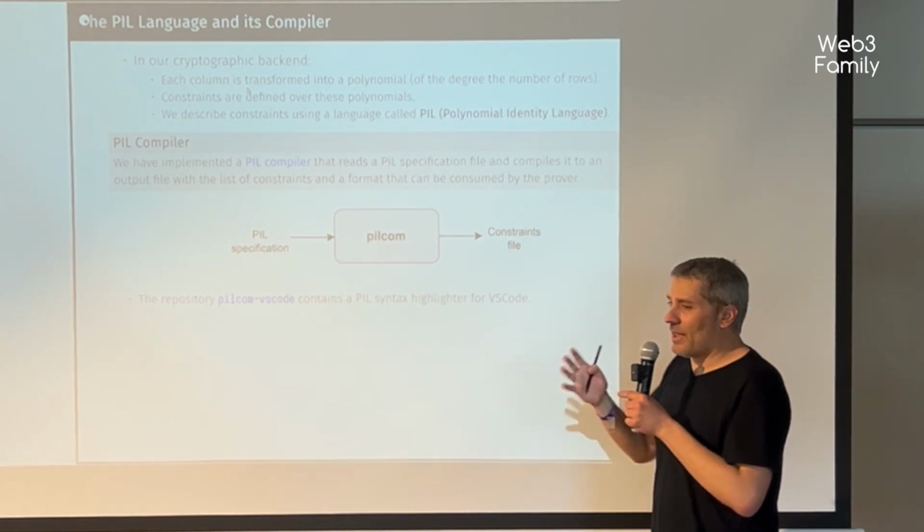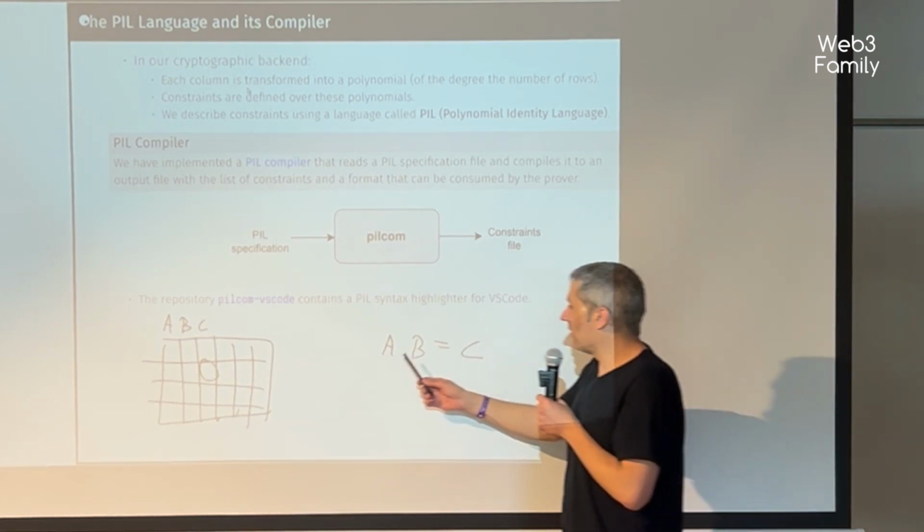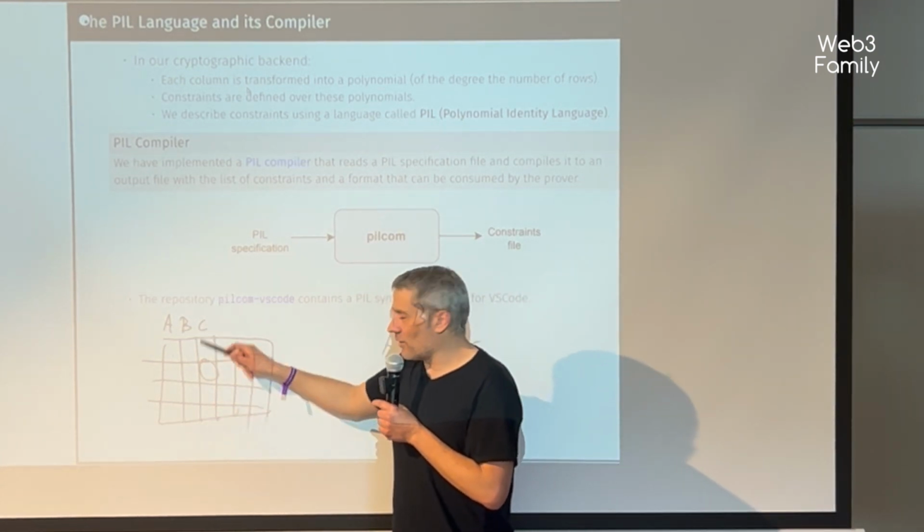The idea is we have a matrix, and giving constraints per cell will generate an extremely big amount of constraints. So what we do is, in fact, constraints with columns. I say A times B should be C, or whatever. So we create constraints with columns.